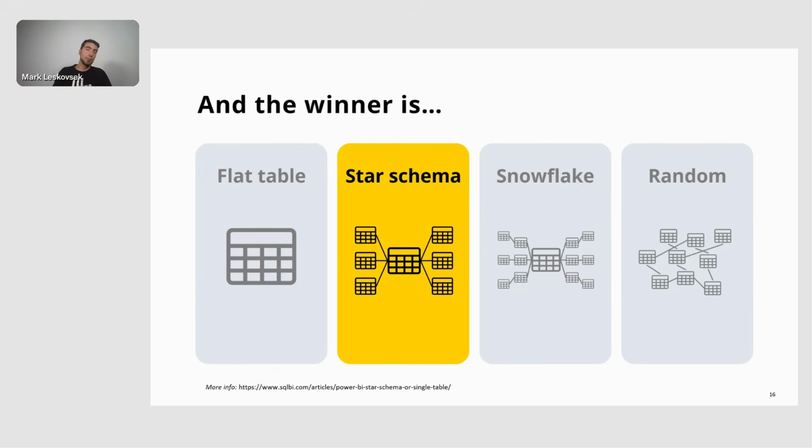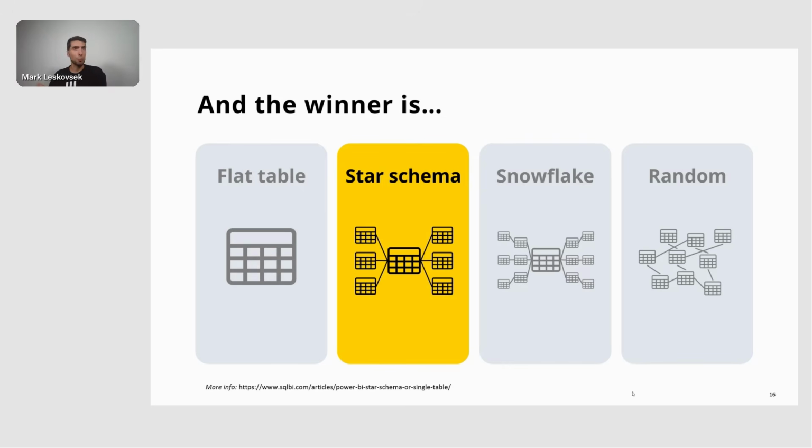And yes, a flat model can be faster with extremely simple queries. There have been some debates in this regard as well, and here's a link to the article that actually compares the two data models, so you can check it out in your own time. But as soon as the queries increase in complexity, the benefits of the flat data model fade away very quickly.